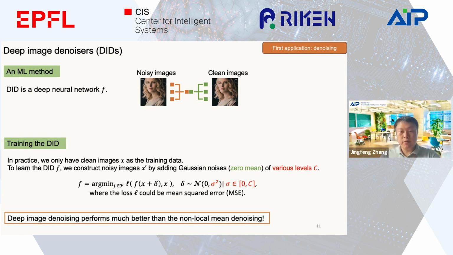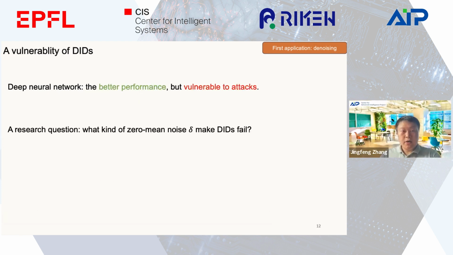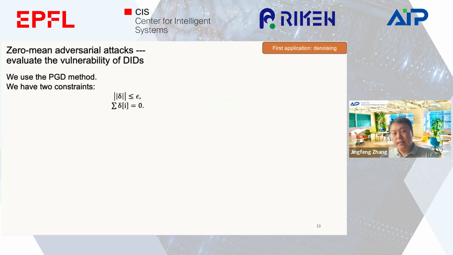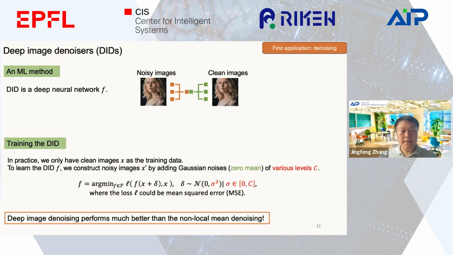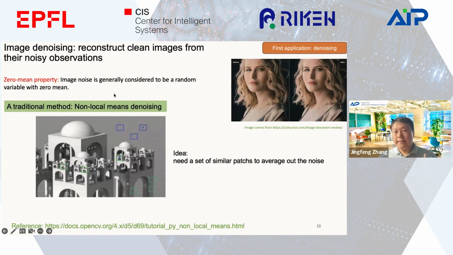That is what we did actually, because the noise in the deep image denoising have to meet the zero mean property. Otherwise, the noise will affect the brightness of the image. Therefore, our adversarial noise also have to meet the zero mean property.